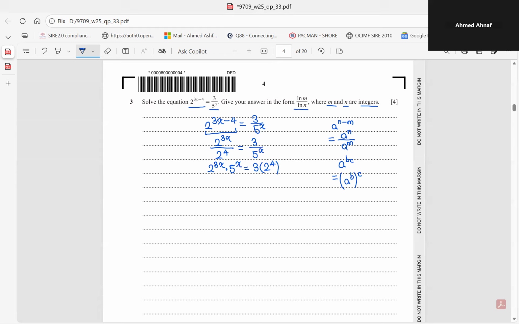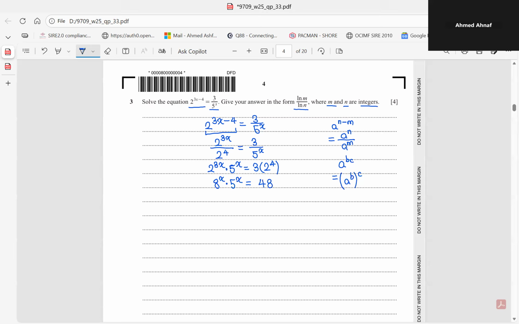So in this case, we can put a bracket between our 3 and x, then you would get 2 to the power of 3 to the power of x. So 2 to the power of 3, that is 8. So I can rewrite this as 8 to the power of x times 5 to the power of x. And the right-hand side, just press your calculator. You'll get 48.